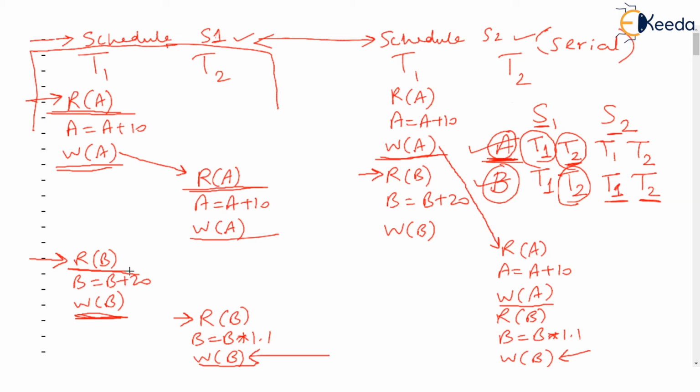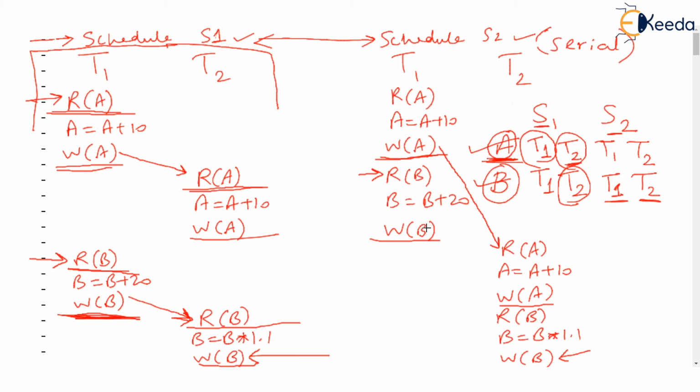But there is read B here, isn't it? But whose value of B is getting read? See, T1 had written B here, which is getting read by T2. Okay. So T1 writes B and T2 reads B. The same thing should happen in schedule S2 also. Yes. Check that T1 writes B. Before this, there is no write.